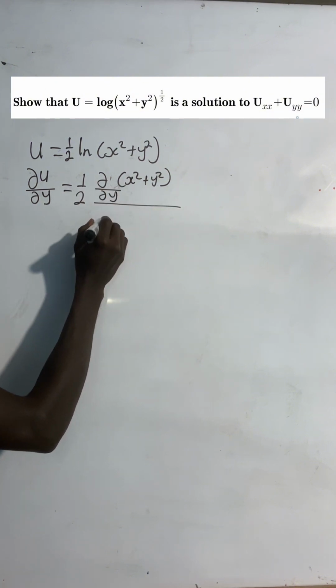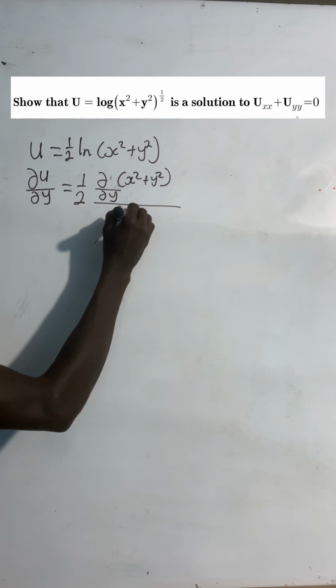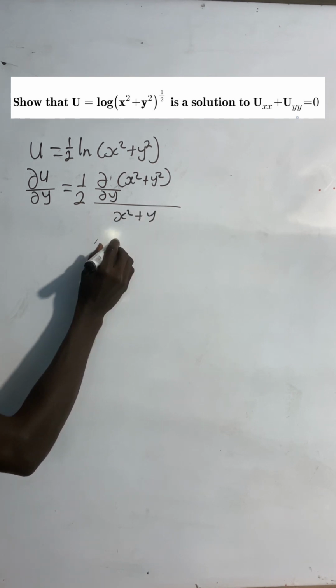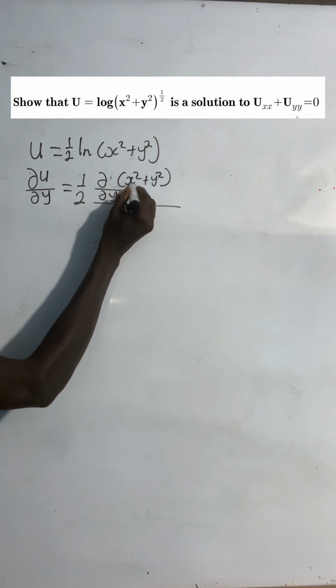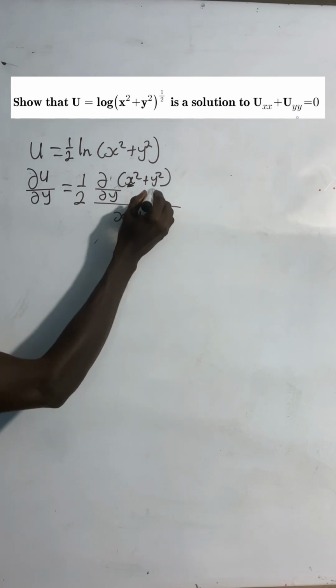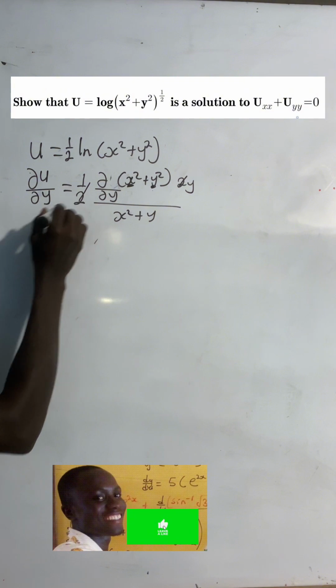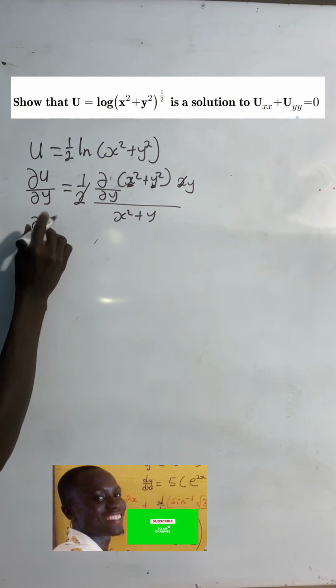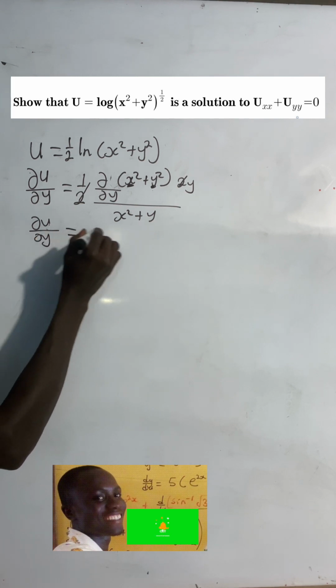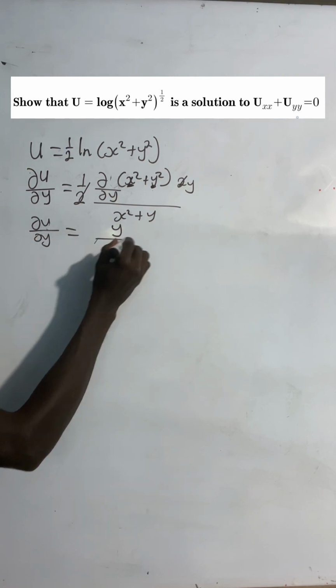Here, if we differentiate x squared partially with respect to y, we get 0. And if we differentiate y squared partially with respect to y, we get 2y. And these two will cancel this 2.